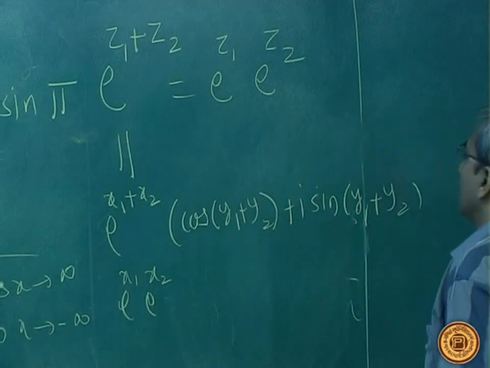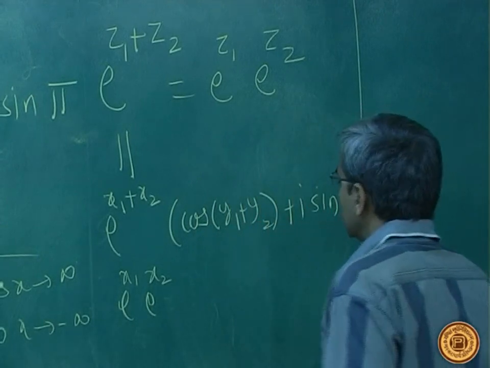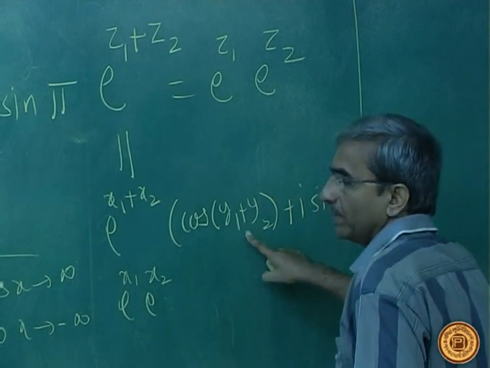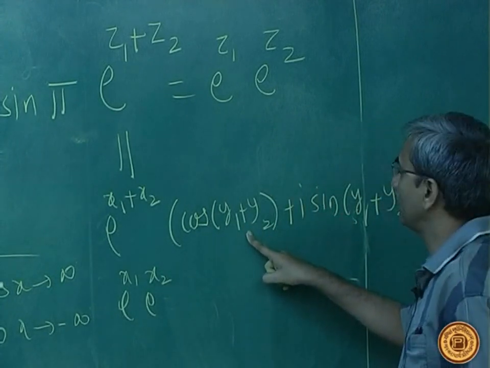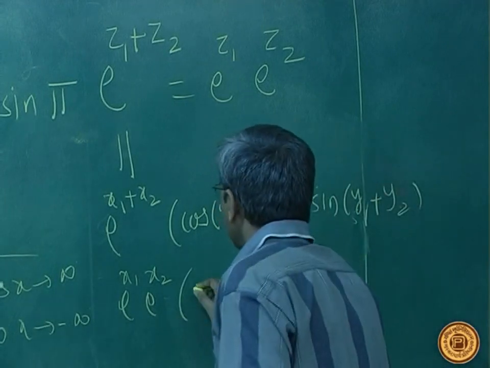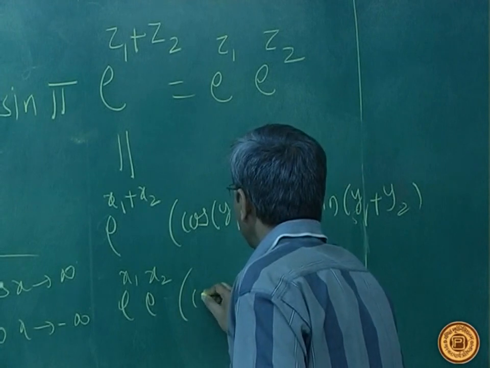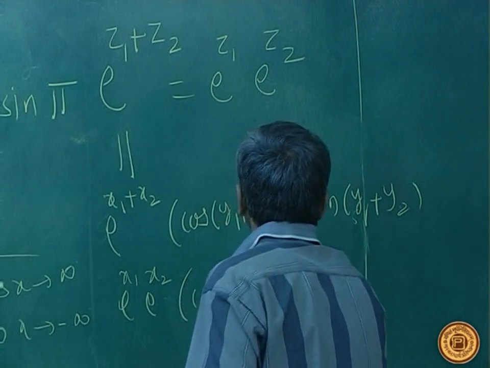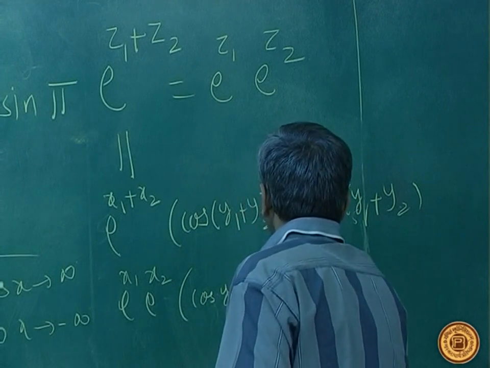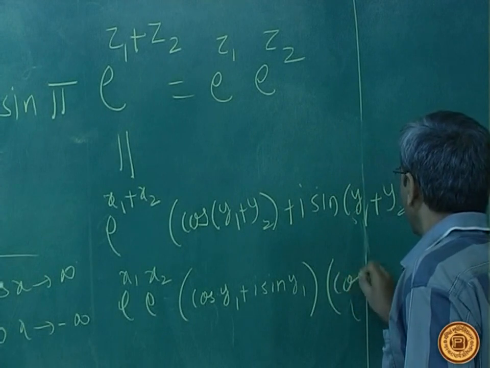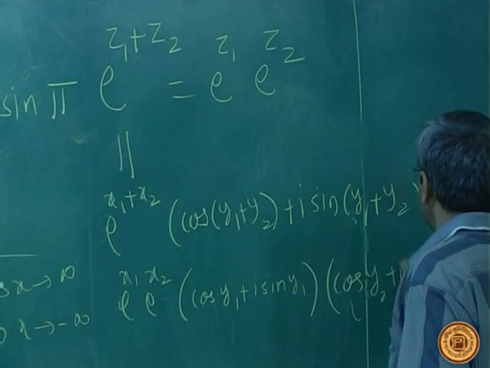And then you know this, that this is cos y1 cos y2 minus sin y1 sin y2 and so on. So this will come out to be e to the power x1 into cos y1 plus i sin y1 into cos y2 plus i sin y2.